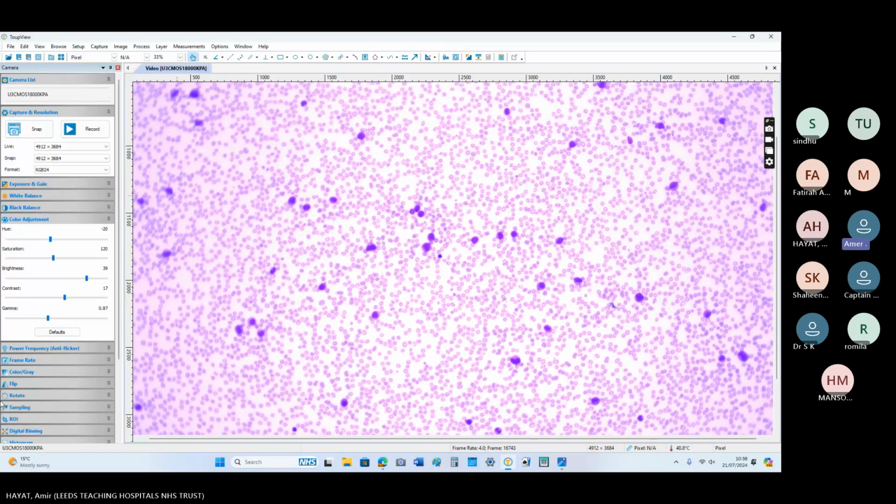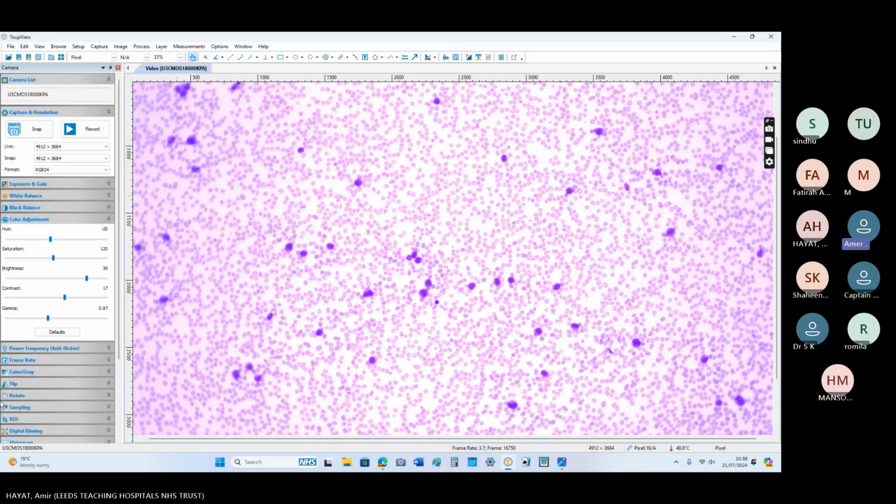This is power 10, a general overview of the blood film.